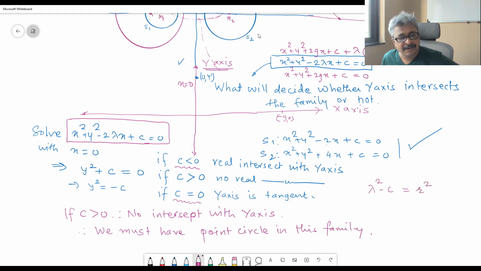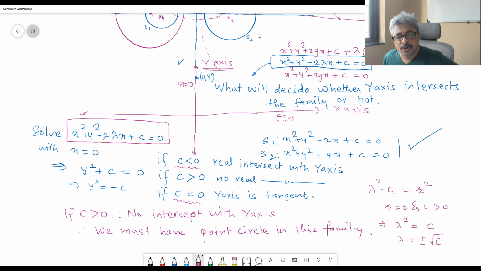Now we are saying that c is greater than 0 and r is equal to 0. Therefore, you get lambda square is equal to c, and hence lambda is equal to plus or minus root c.